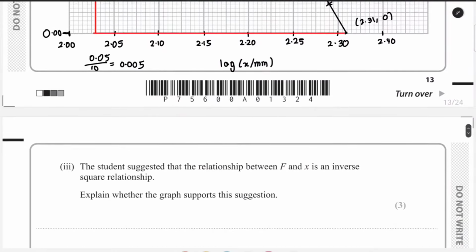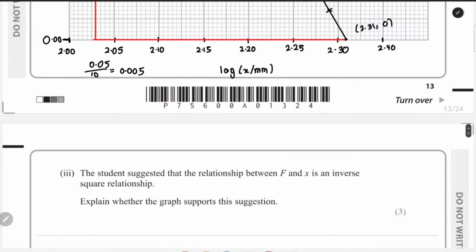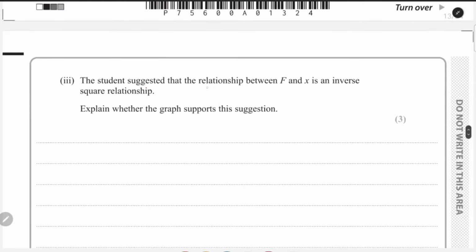The gradient wouldn't have a unit since this is a graph of logarithms. Now we are told that the student suggested that the relationship between f and x is an inverse square relationship. We have to deduce if the graph supports that or not.